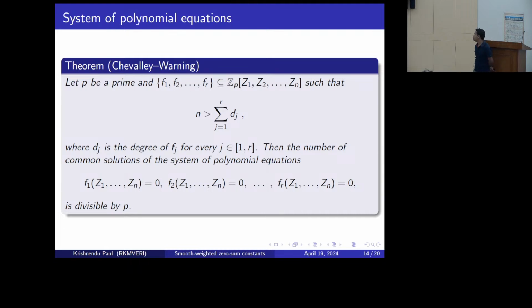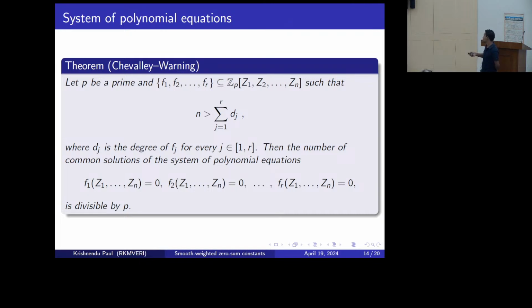It states that if we take a system of polynomial equations with sufficiently many variables, such that the number of variables is greater than the sum of total degrees of the polynomials, then it has not only solutions but the number of solutions is divisible by the characteristic of the field. So here, as we are taking Z_p, the number of solutions is divisible by p.